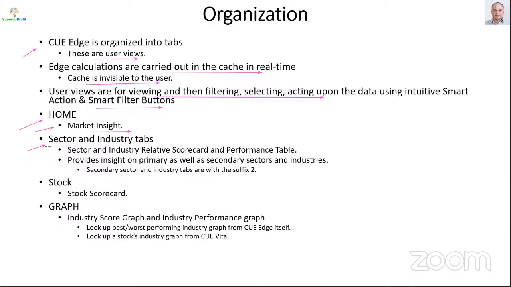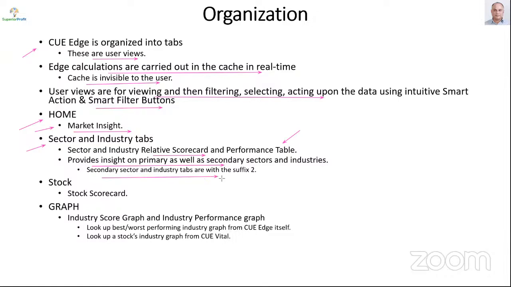Then we use the sector and industry tabs to check the relative strength of sectors and industries and also see the absolute performance of the sectors and industries. There are many tabs. They provide insight on primary sector industry as well as secondary sector industry.